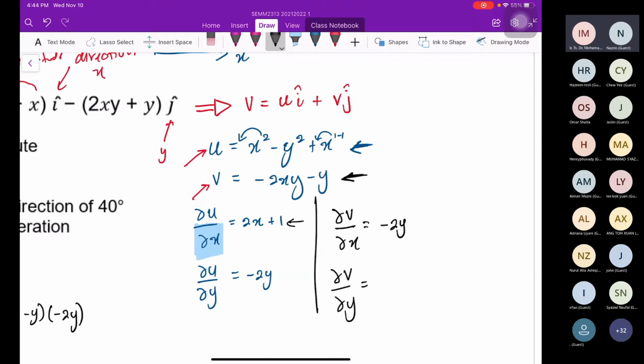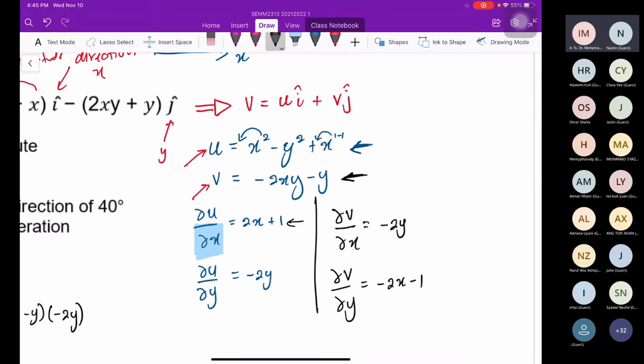Okay, negative 2y only. Because y become constant. So partial derivative of v over partial derivative of y, again, the y become variable. So now it becomes negative 2x minus 1.